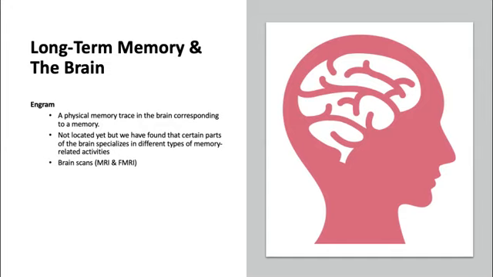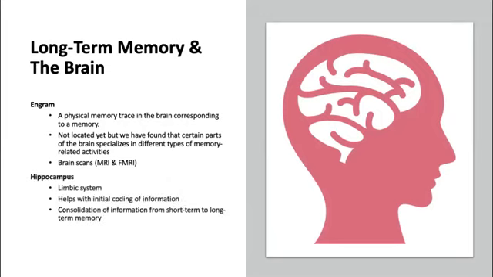For example, the hippocampus has been found to help with the initial coding of incoming information, receiving it and categorizing it.